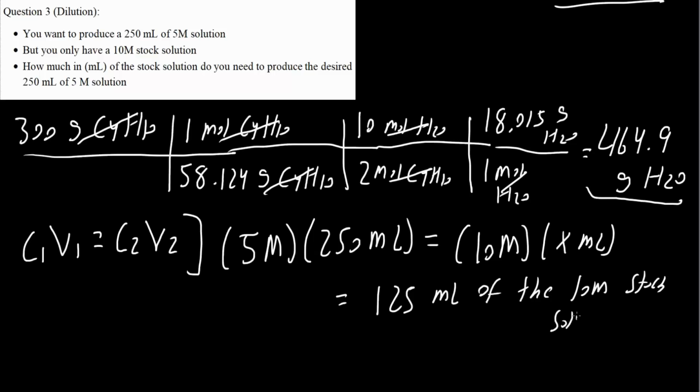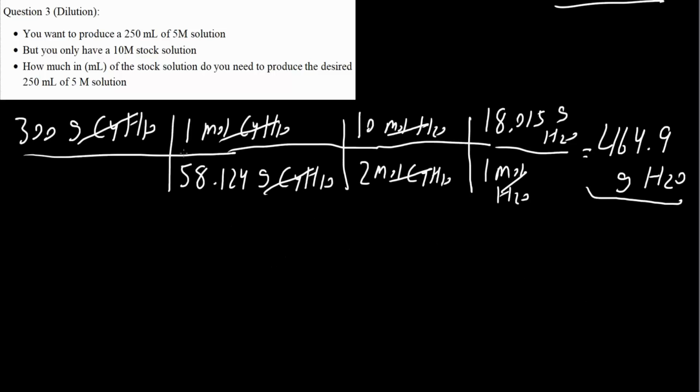Now, let's solve this problem using what we did earlier with stoichiometry. Ignore the shortcut rule. It's a couple more steps. First, we want to produce 250 mL, and this is where I'm going to start: at the 250 mL. We know that 1,000 mL is 1 liter.